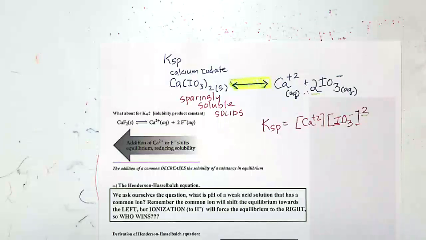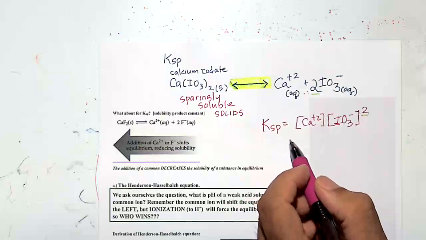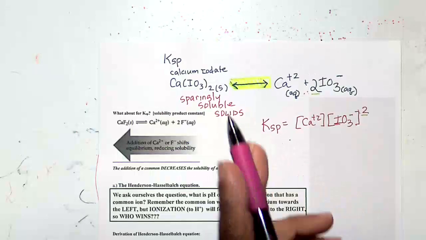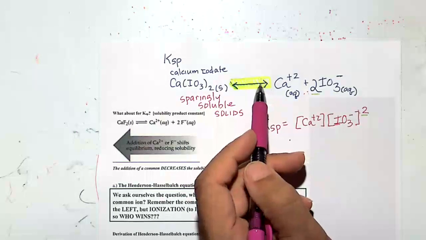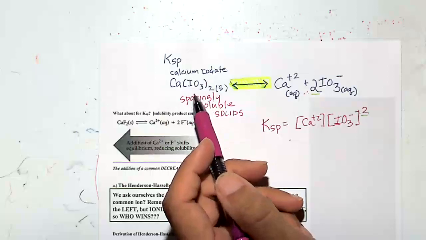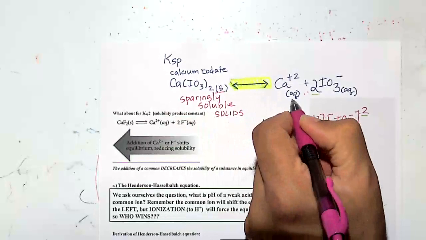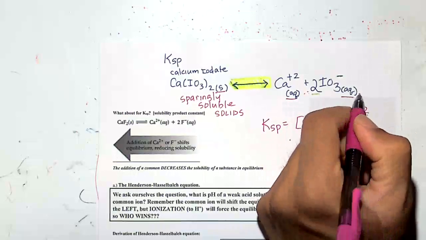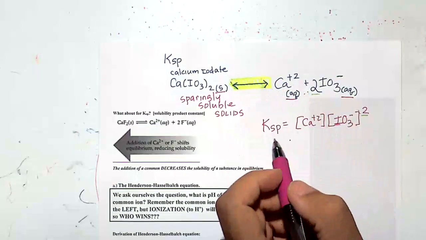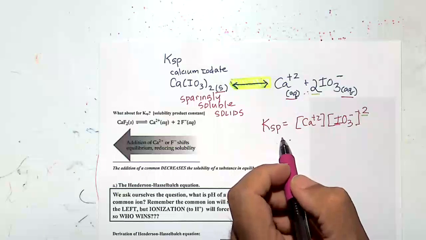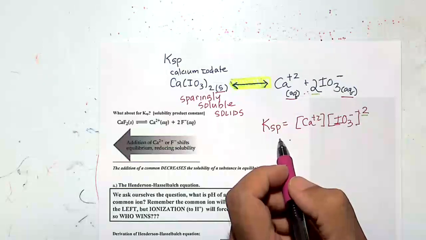So solids sometimes go back, but sparingly. They're sparingly soluble solids. Check my states. The solid can go back into the aqueous state. This is what you were doing in the lab last week. You were trying to find the value of the Ksp.